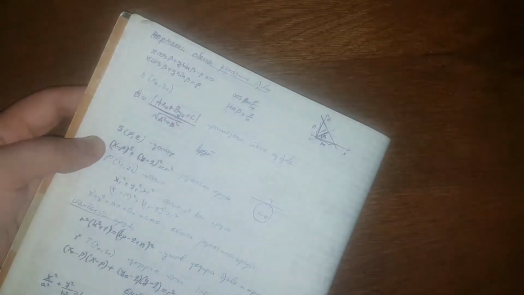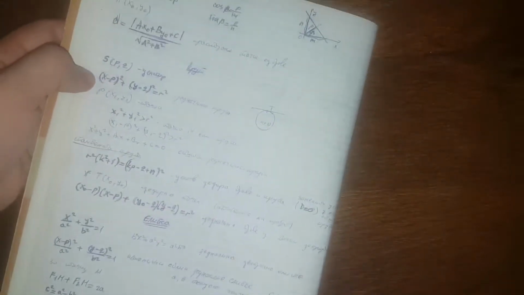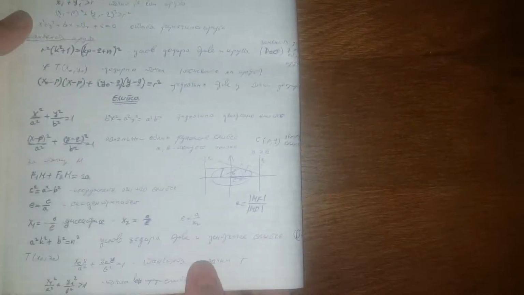Alright, so this is analytical geometry. You get circle, ellipse, hyperbola, parabola. Then we get series.